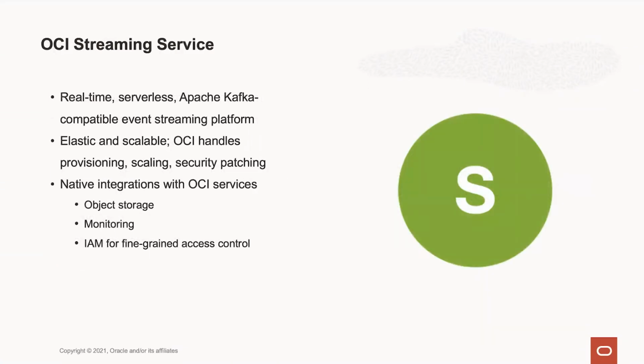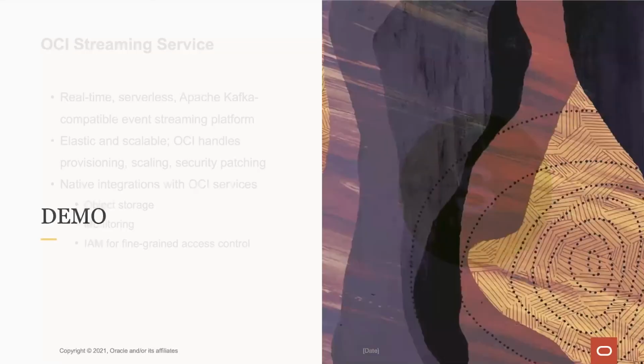As I said, the streaming service is pretty cool, and we'll see an example of that. It's Kafka equivalent, and anytime you move to the cloud, you get the huge benefits of not having to deal with scaling and provisioning and security patching and all that stuff. So just let the cloud provider take care of that for you. And of course, being Oracle Cloud, there are tons of other services that you could use in addition to Oracle Cloud Streaming, and the integrations can be really straightforward.